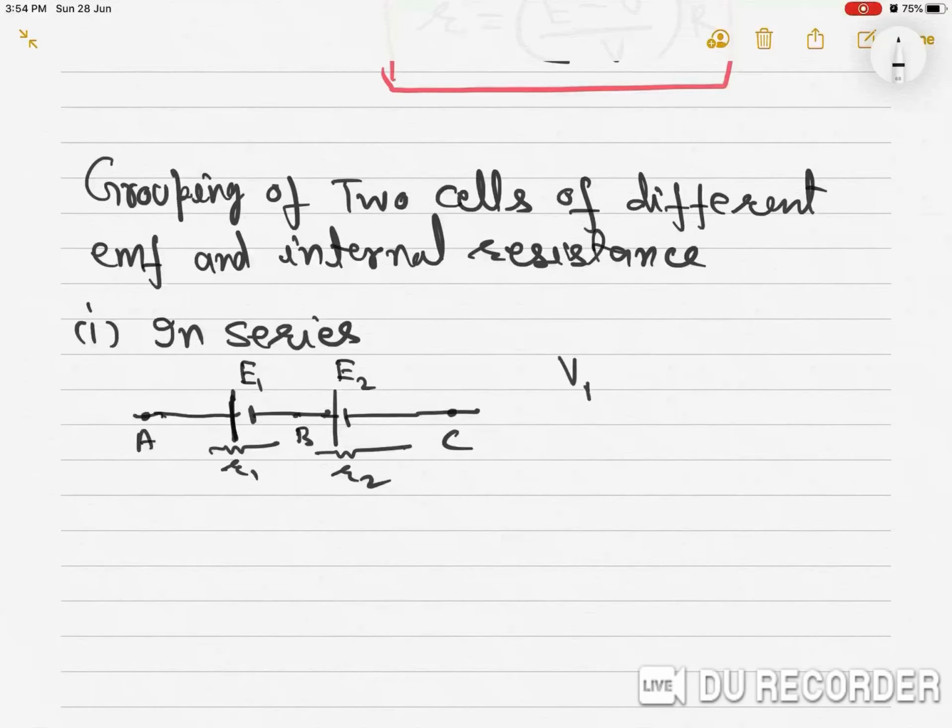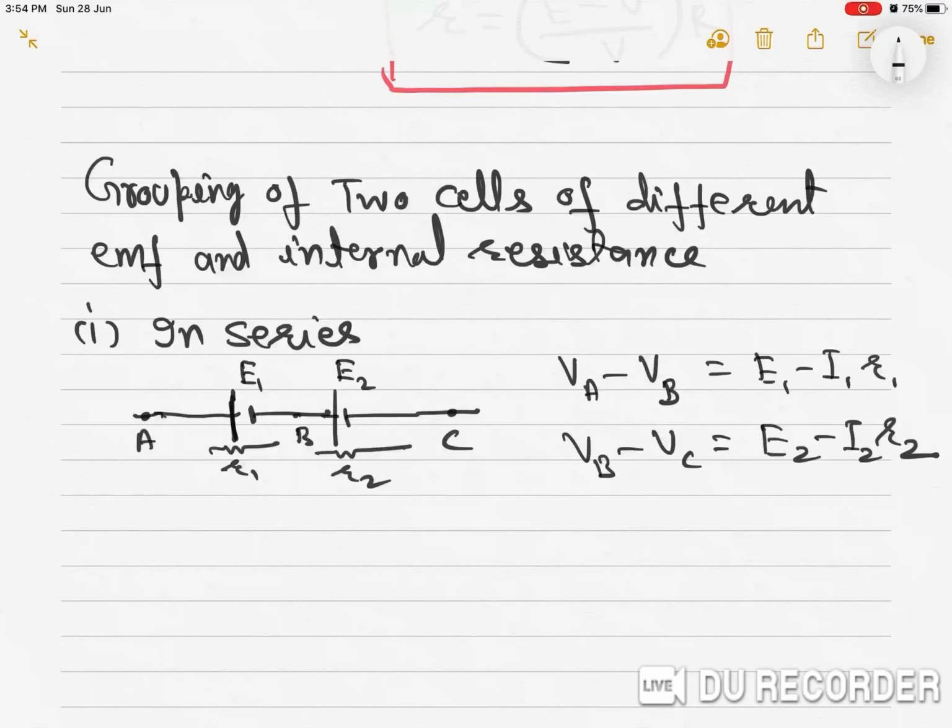Then VA minus VB is equal to E1 minus I1 r1, and VB minus VC is equal to E2 minus I2 r2, by the relation of potential difference, because there are 2 points. V is equal to E minus I r.